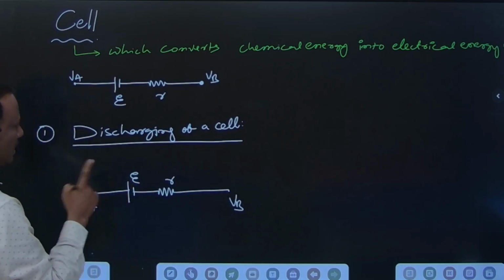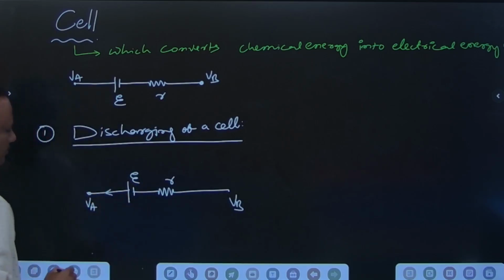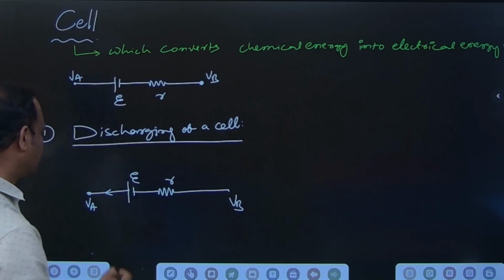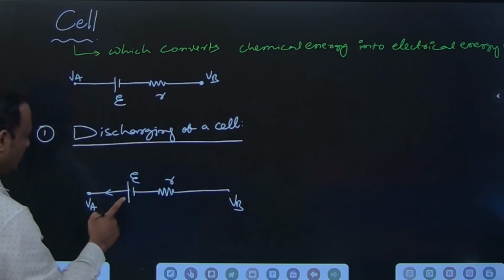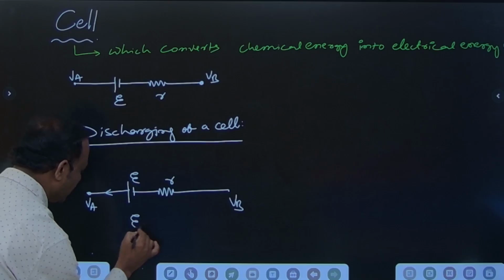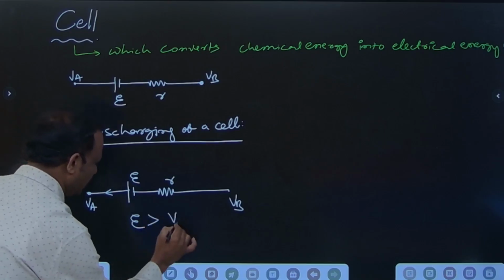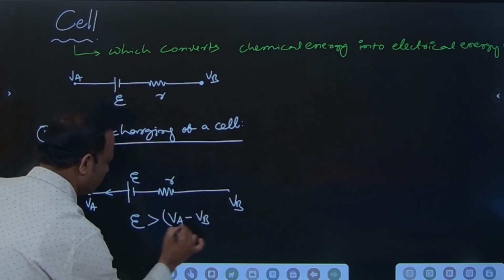Discharging means current is directed away from the cell. So E must be greater than VA minus VB.